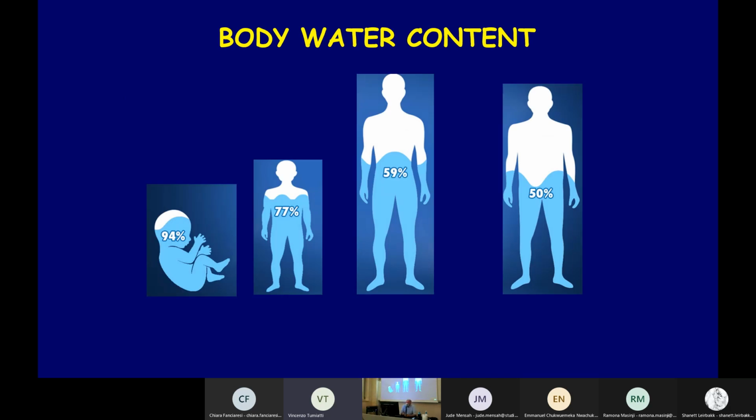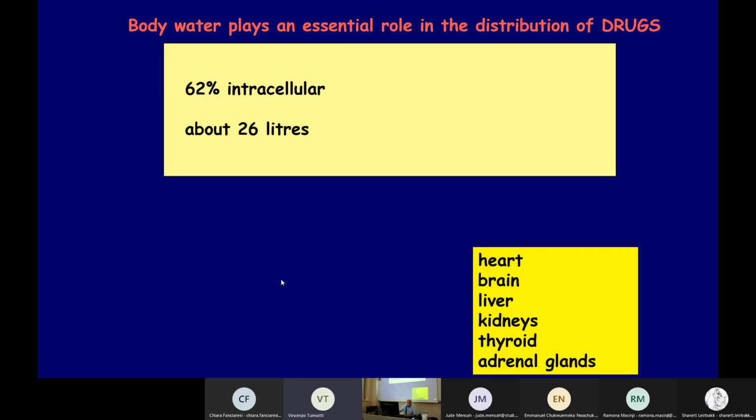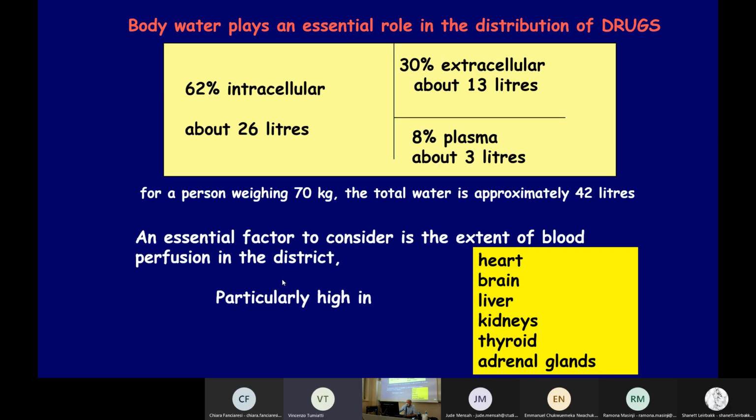You know that our body is formed by water, different fractions: old people 50%, young people 77%, child 94%. But also, we can observe a deposition of the drug in particular districts which are characterized by a high blood perfusion.